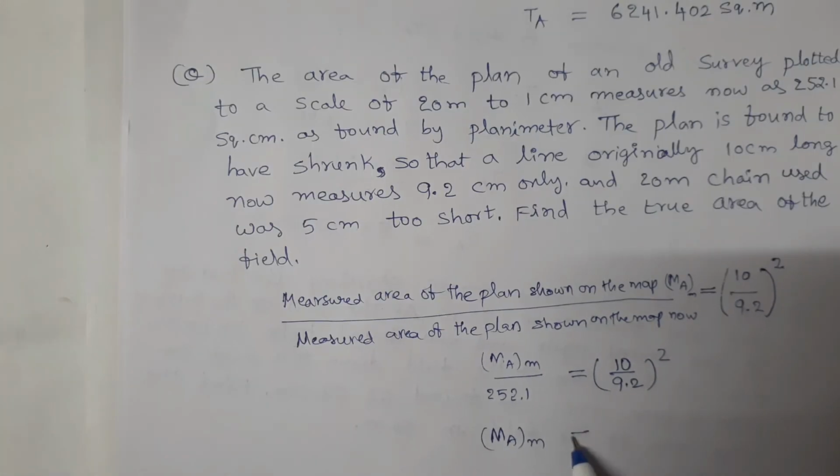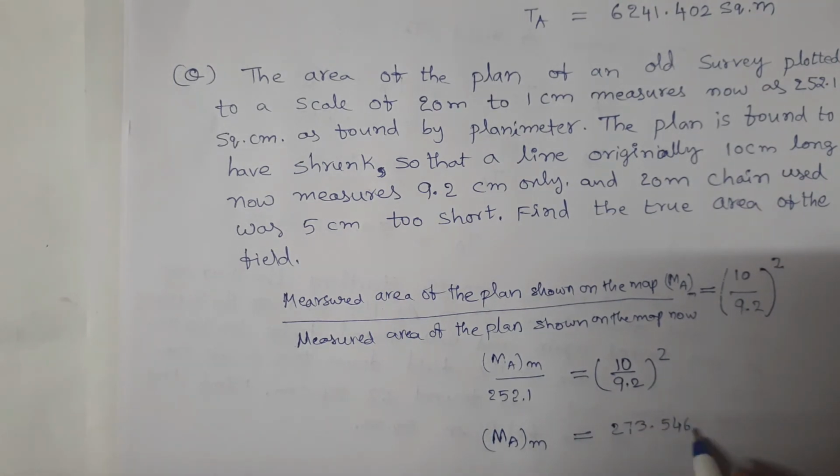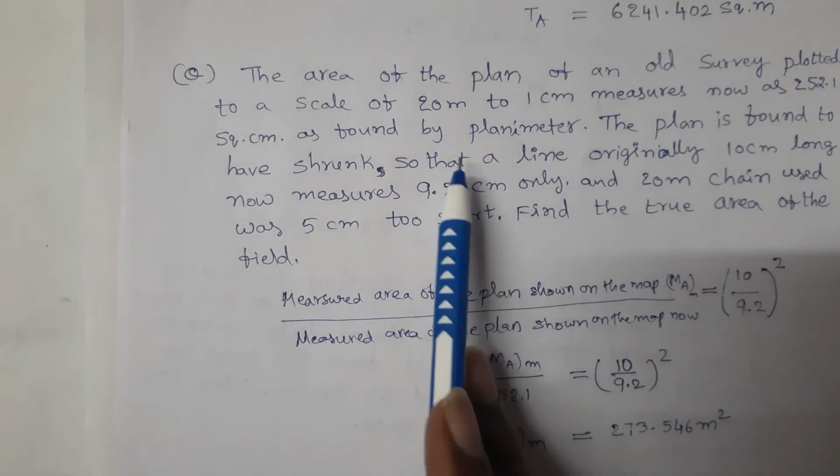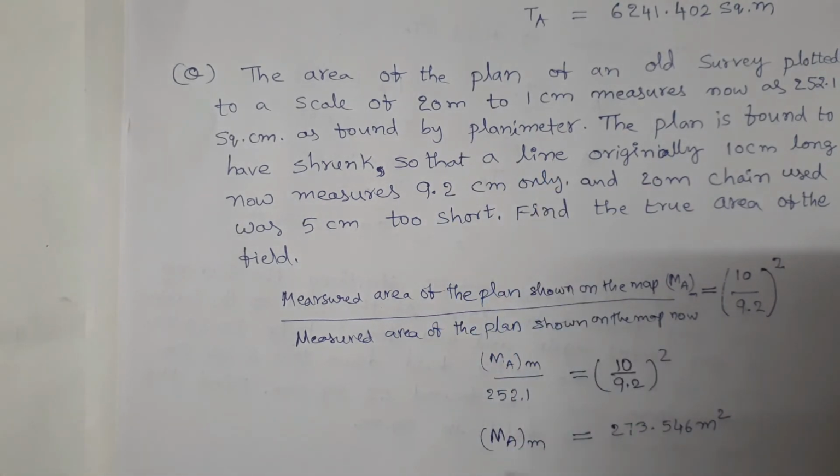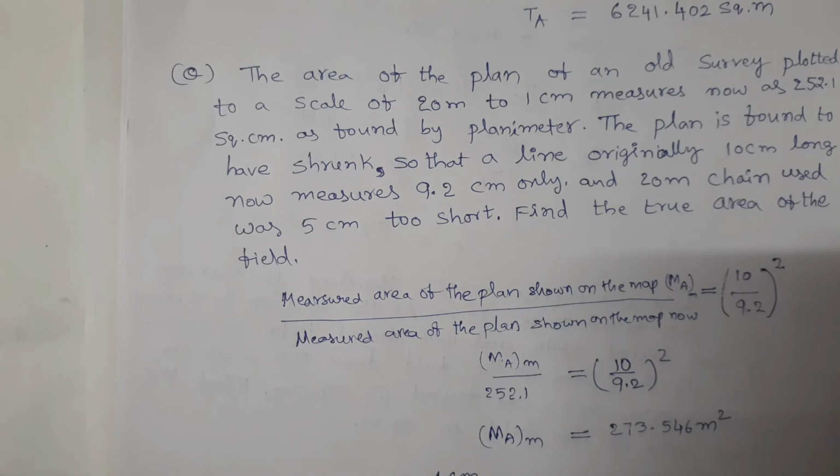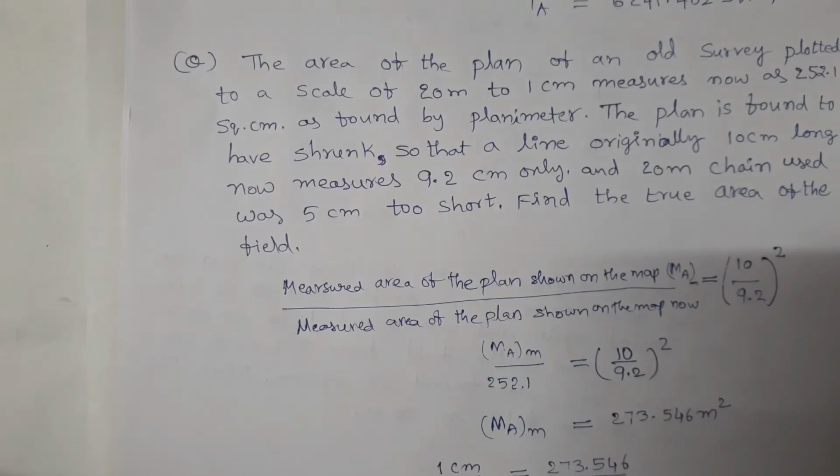Measured area is calculated as 273.546 square centimeters, and he has given the scale 20 meter to 1 centimeter. So on the map this area is 273.546, and on the field the measured area is to be calculated.